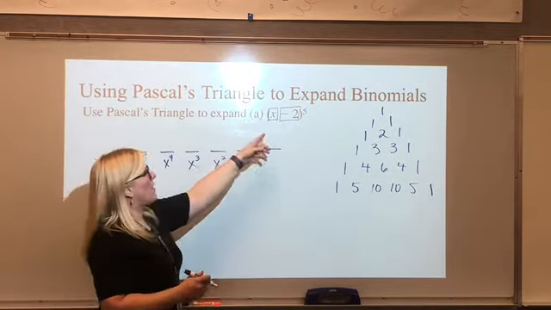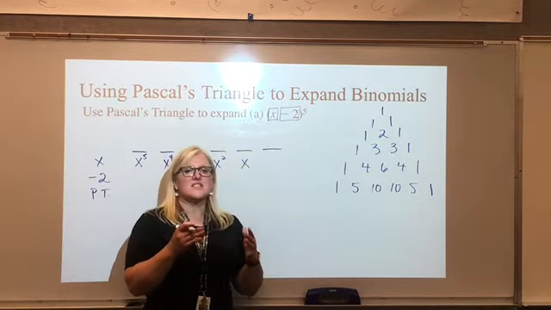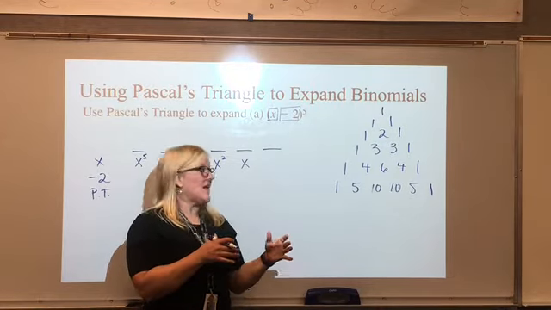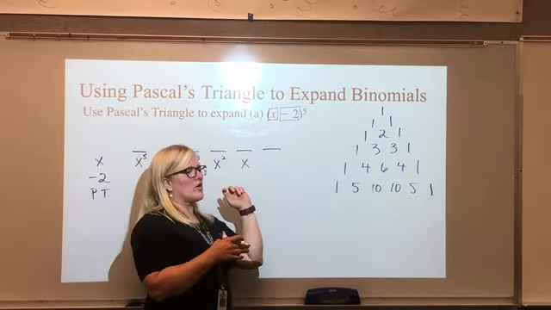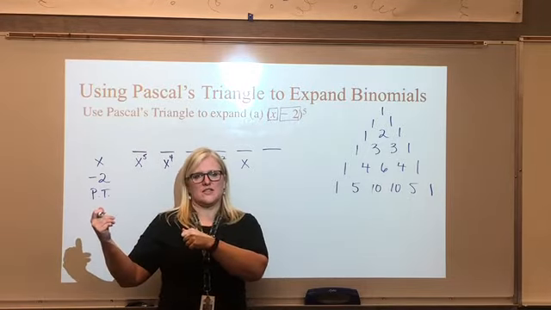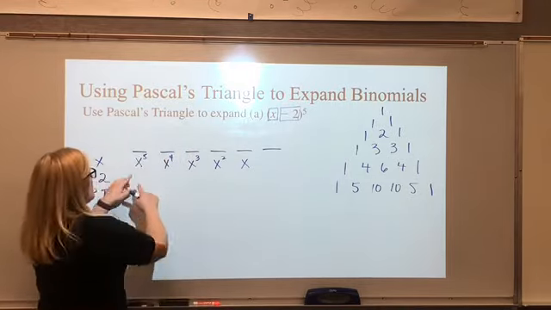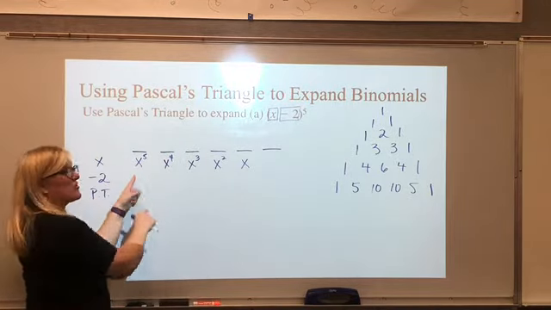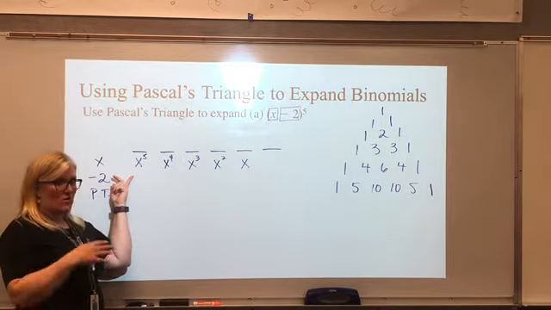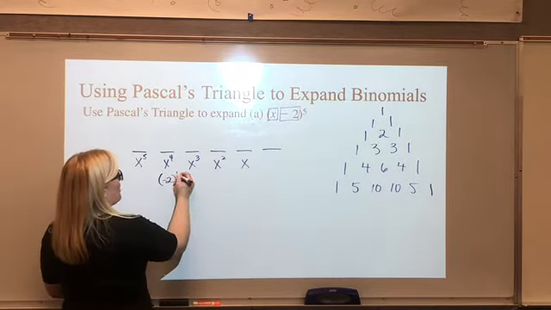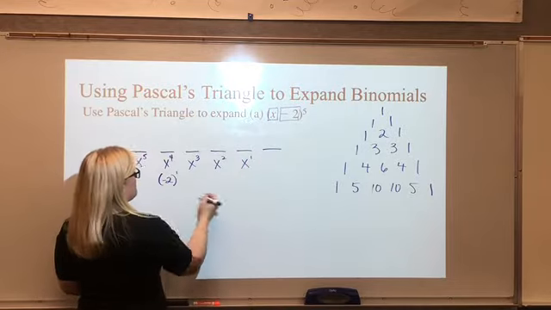The second part of this binomial does the same thing, but it goes the other direction. You can write it backwards, or you can think about it just as the exponent going backwards from here. So right here I would have -2 to the 0th power, so nothing goes there. Here I would have -2 to the 1st power. I'm going to put a 1 there.